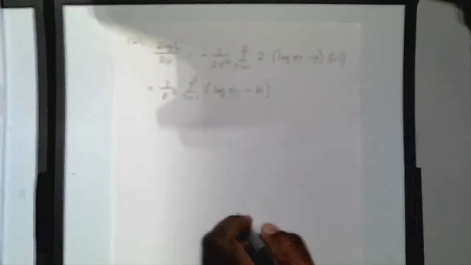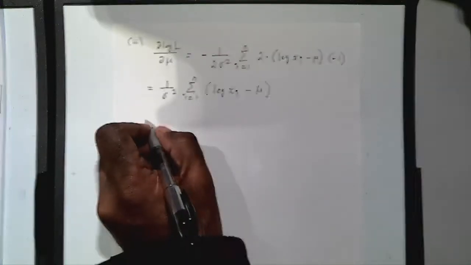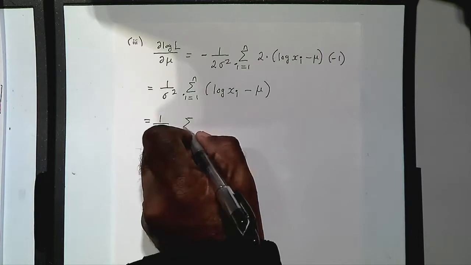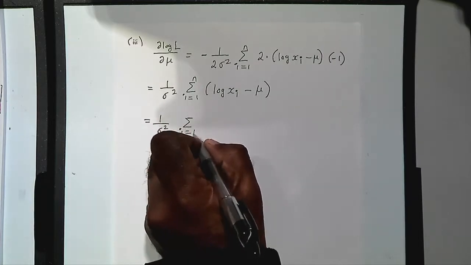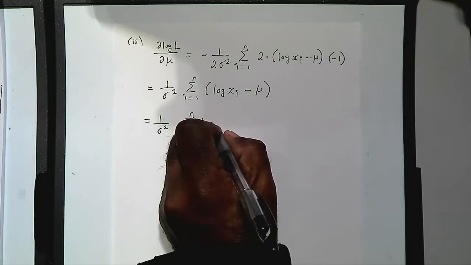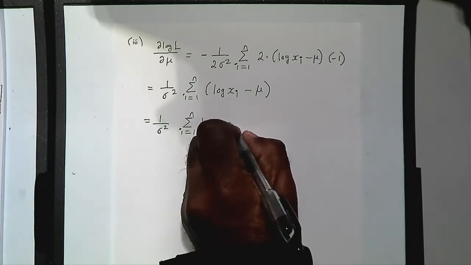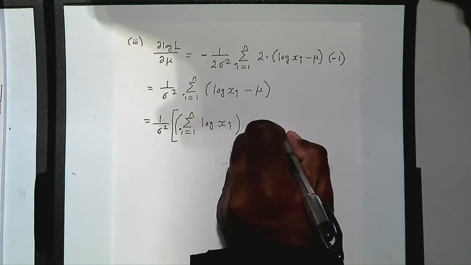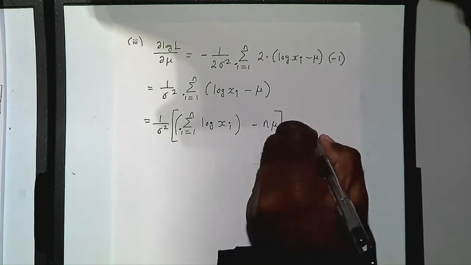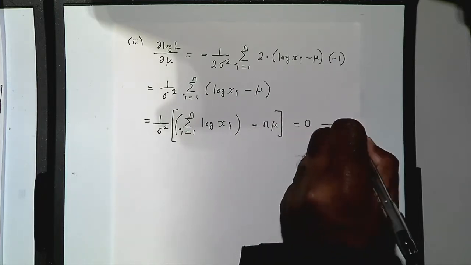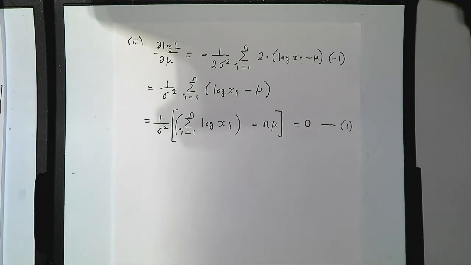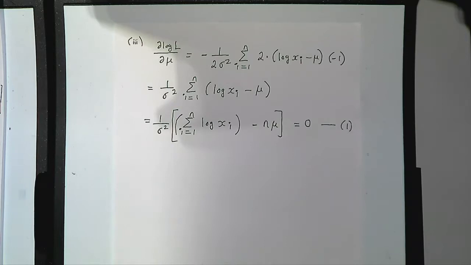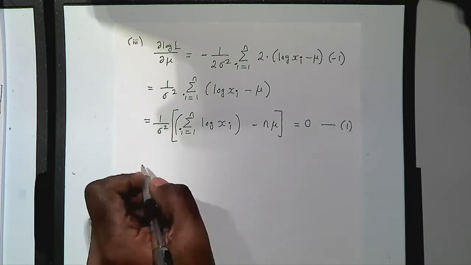It simplifies to this, right? And this simplifies to this. And set this to 0. Let's call this equation 1, right? And so this is the partial derivative with respect to mu.